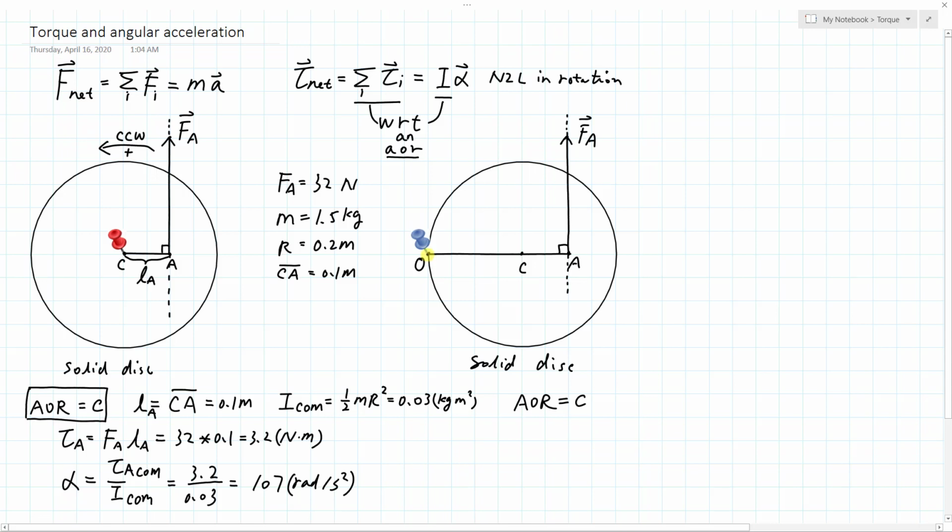The reason that we didn't discuss this with the red pin was because we picked the axis of rotation to be right here. Whatever force of support that this pin exerts, the force goes through the choice of axis of rotation. So there's no lever arm on that force, so there's no torque on that force.